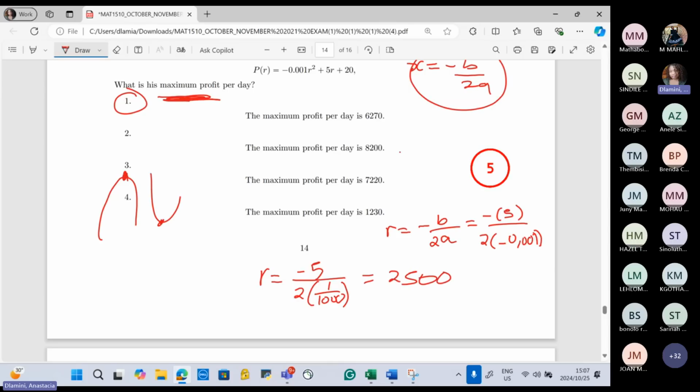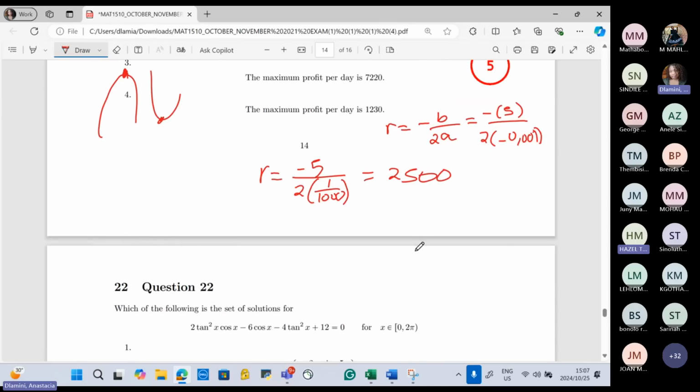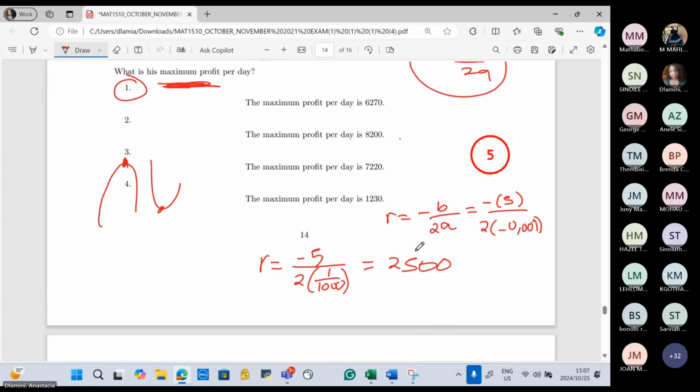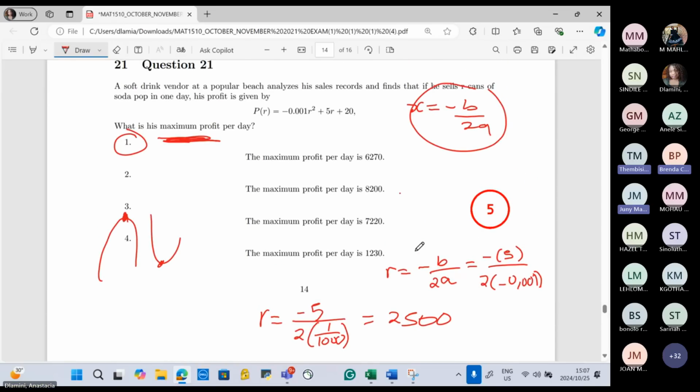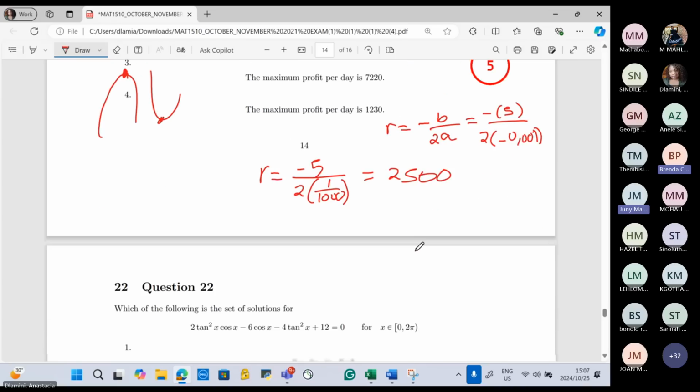This was like a rand. And then what do I do now? Substitute in the original formula.